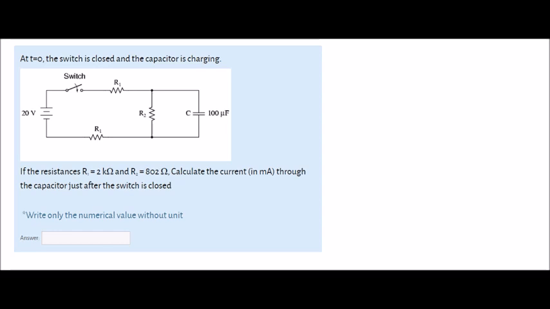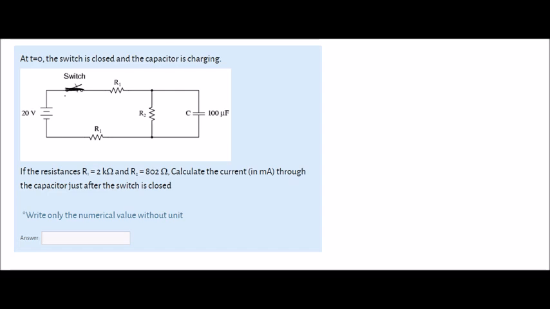Last question. That's a complex RC circuit, but those who follow the video that I sent you about RC circuits will find it easy. All right. So let's see. At t equals 0, the switch is closed and the capacitor is charging.